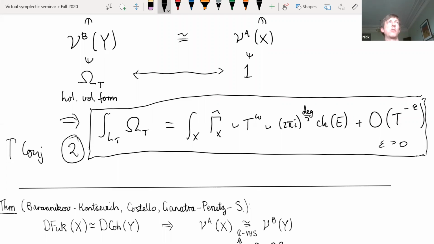And those classes should be equal to just the homology class of the Lagrangian, or the Poincaré dual of the homology class of the Lagrangian. They're only counting constant disks by some symmetry argument. So if they're isomorphic objects of the Fukaya category, then they have the same homology class, and in particular, the period integrals are the same. Okay.